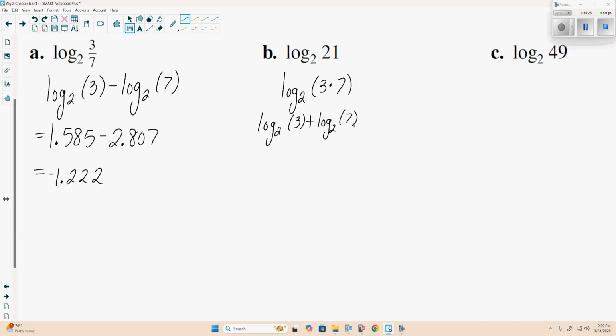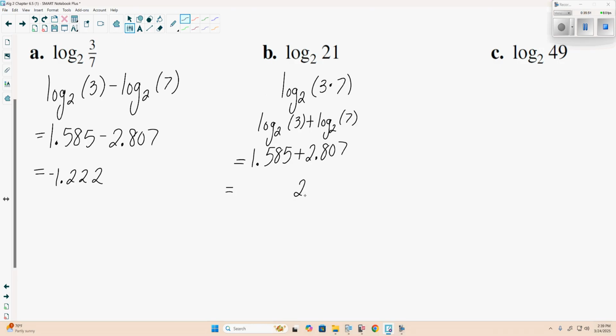And again, at this point, we would look back at the table and see that log base 2 of 3 is 1.585. Log base 2 of 7 is 2.807. So really, we've turned this exponential logarithmic equation into just look at a table and add the numbers together.